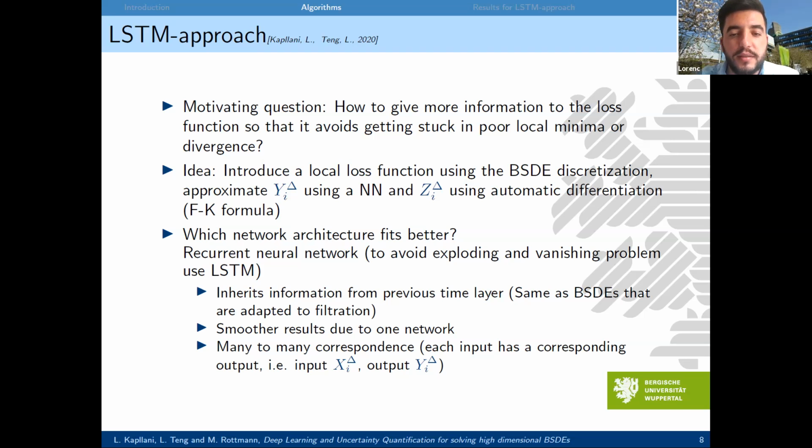And another nice thing is that now we have one neural network. In some other work that we have done, we found out that the previous approach, since it has multiple neural networks, does not give very smooth results for the Z process, because you have too many neural networks. However, when you use only one network, you have smoother results for this process.